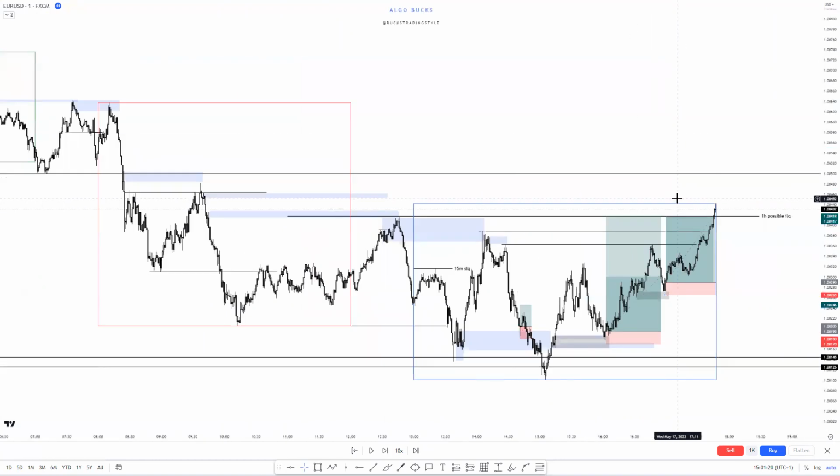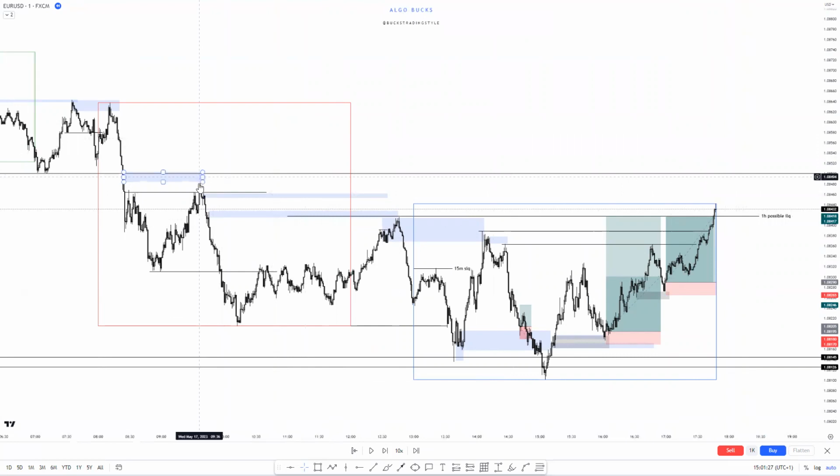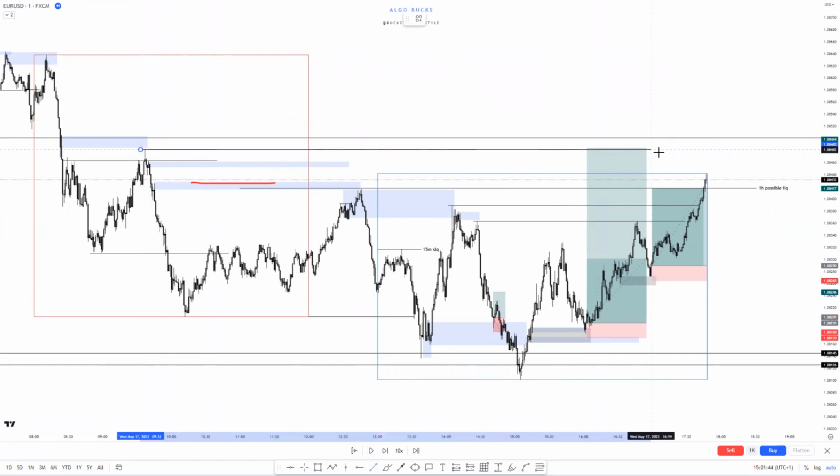So I would want to just sit back and wait for price to come into here, have my alert set right here. And I think this high is a fine liquidity high. So let's just see what price is going to do. Maybe I'll close off my trade if price takes out this high right here. I'll close off this full volume at this level right here. So let's see.